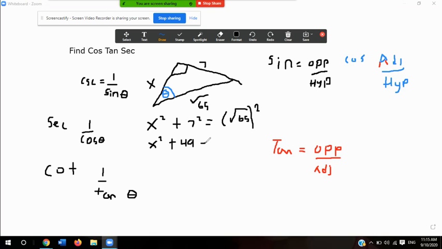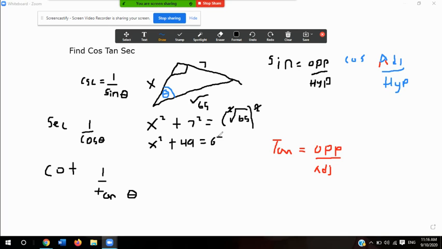Since this radical is elevated to the power of 2, and technically whenever you have a square root, there's an imaginary 2 here. And this 2 is going to cancel with the 2 outside of the parentheses. And that's just going to leave me with 65.